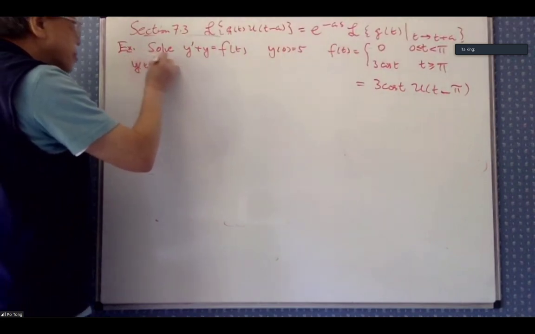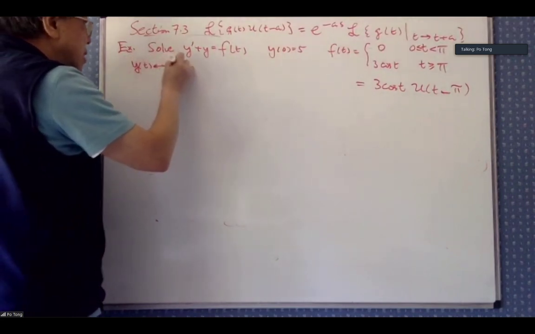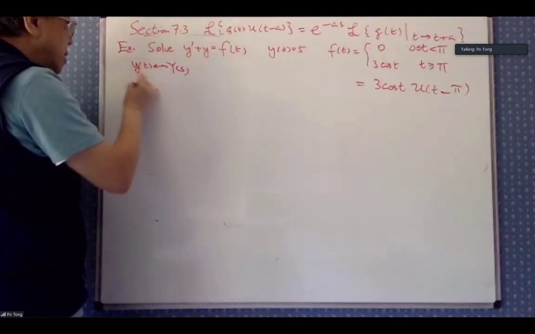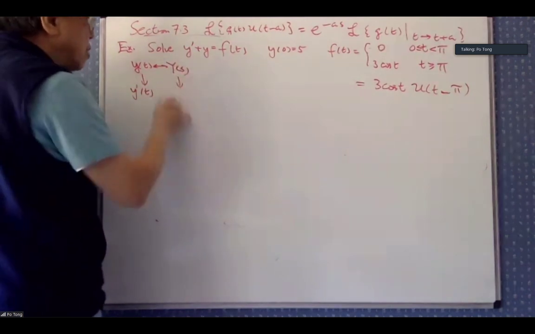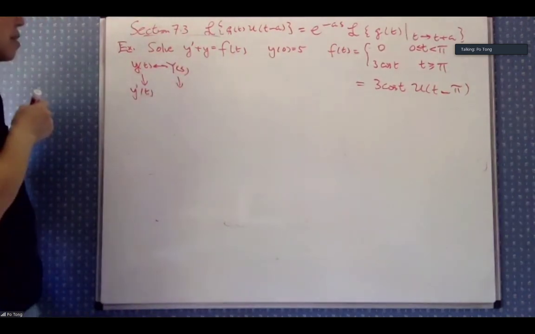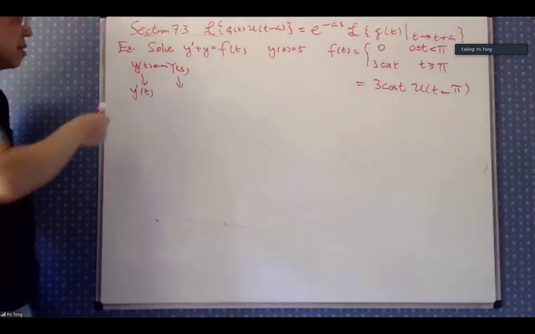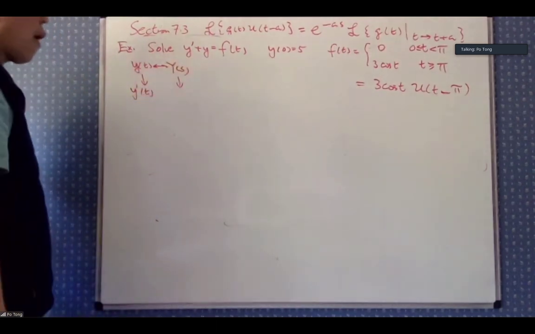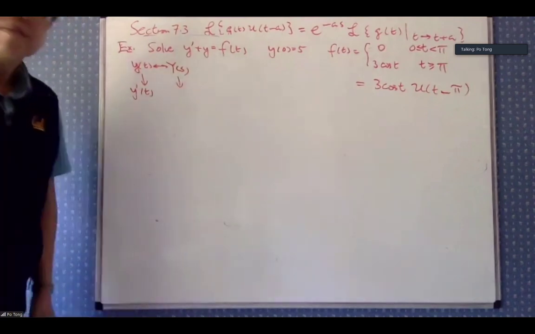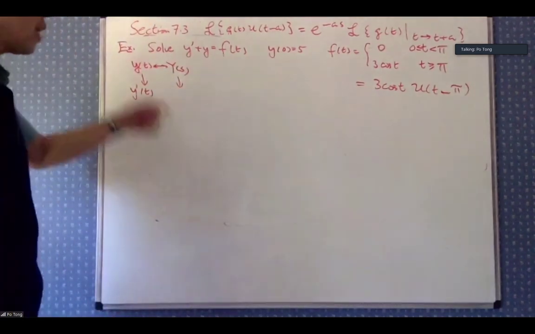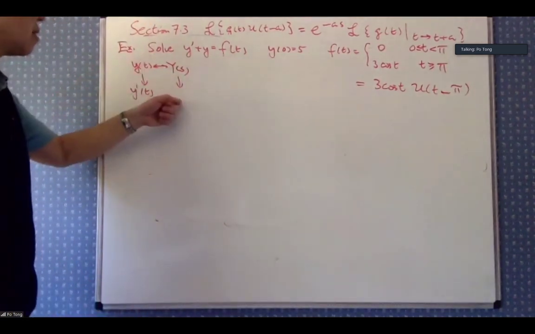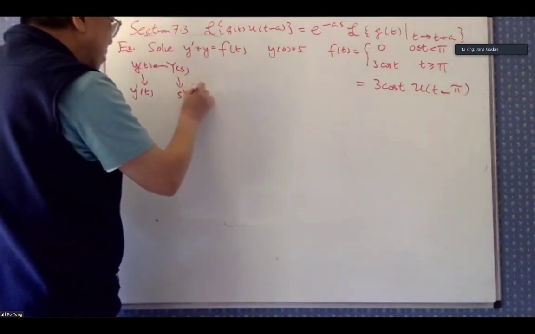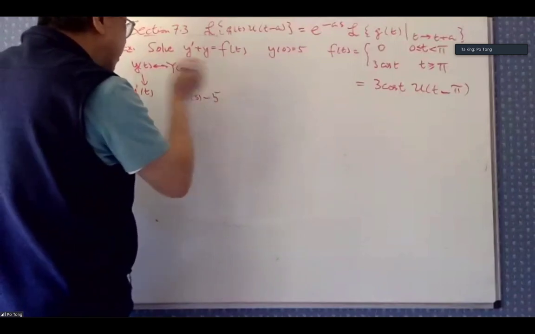y(t), Y(s), y prime(t). What will be this here? You guys tell me. Differentiation in the time domain corresponds to s times Y(s) minus y(0), and y(0) is 5.